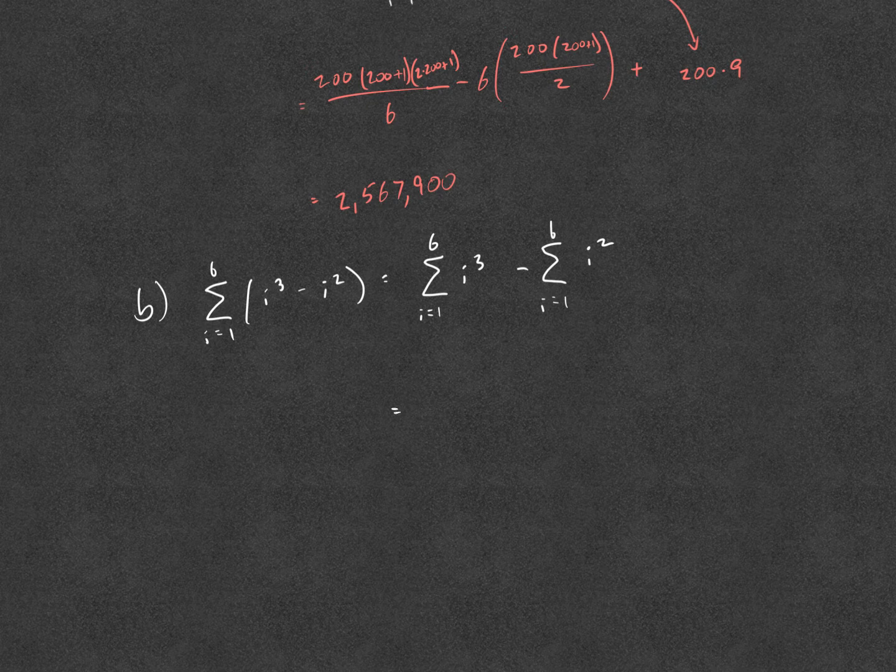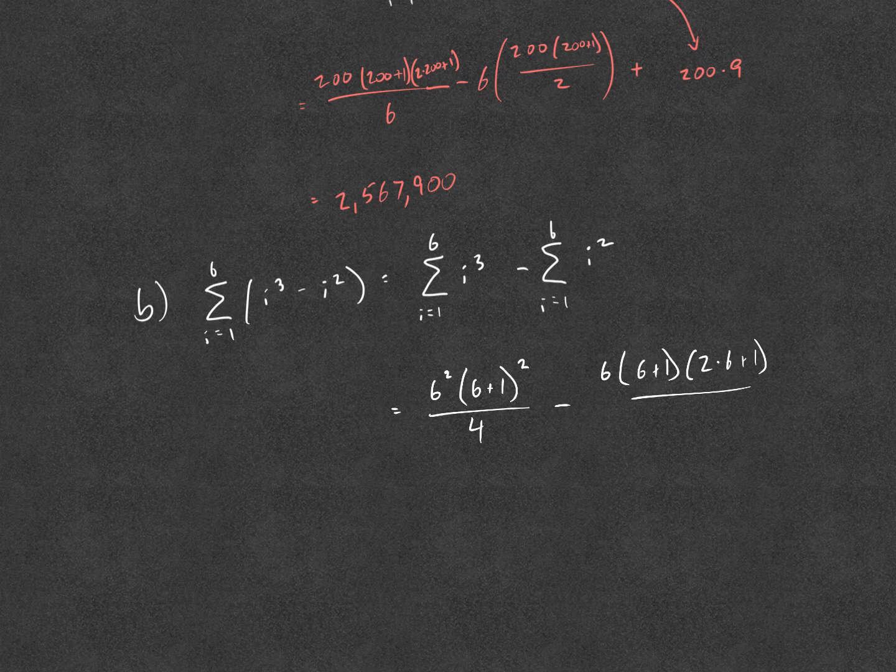But when we plug in from 1 to 6 of i cubed, it looks like this: the top of the index, 6 squared times 6 plus 1 squared over 4, minus, for i squared, the formula is the top index 6 times 6 plus 1 times 2 times 6 plus 1, all of that over 6.